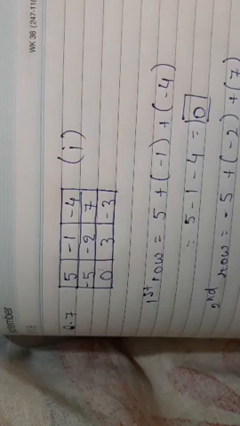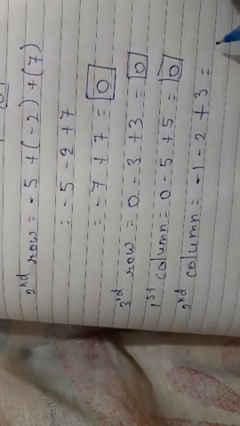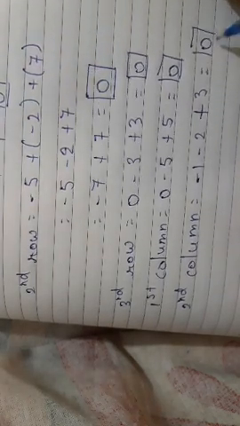For the second column, it is minus 1 minus 2 plus 3. So this will be minus 3 plus 3. So this will be again 0.